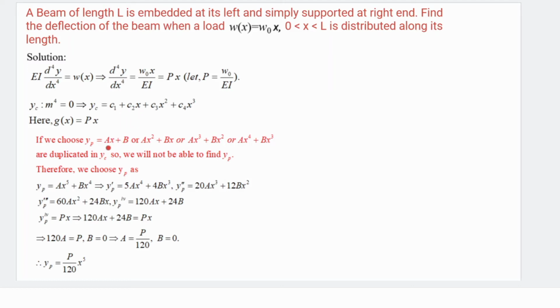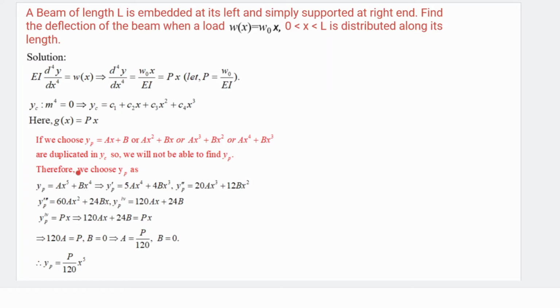That's why we multiply by x. When we multiply by x, we get Ax squared plus Bx, again duplicate with the yc. Then again we multiply by x, we get Ax cubed plus Bx squared, again duplicate with yc. So to avoid that duplication, we consider yp equals Ax to the power 5 plus Bx to the power 4.